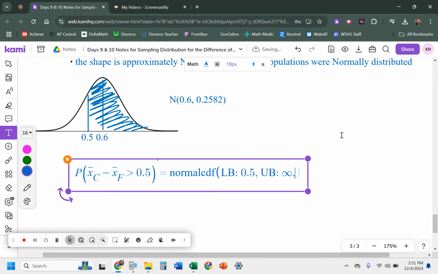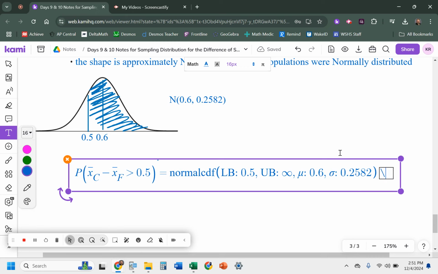But again, on your calculator, you'll use a 9999, a lot of nines. And then our mean, mu, for our sampling distribution here was 0.6. And then finally, our standard deviation for our sampling distribution was 0.2582. Now, what I need to do is go to my calculator and see what value this gives us.